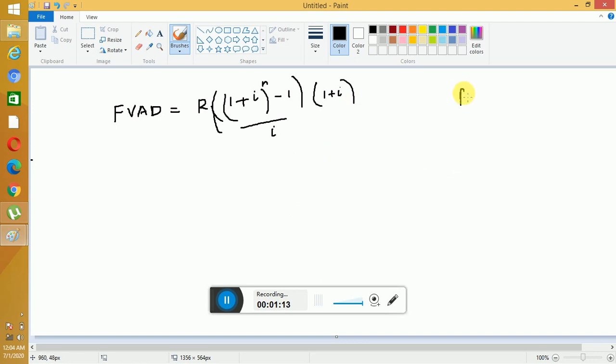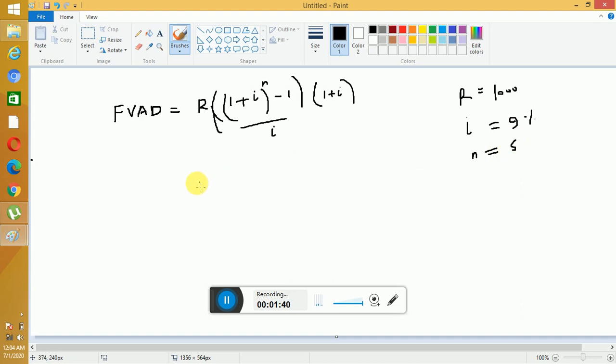Suppose our annual payment is $1,000, the interest rate is 9%, and the number of years is 5.